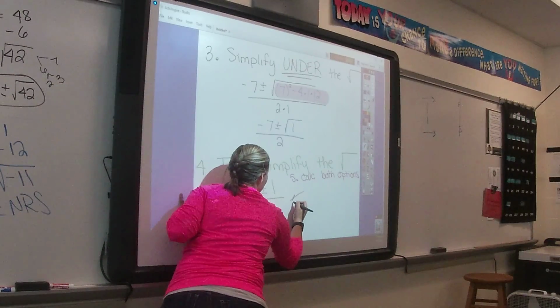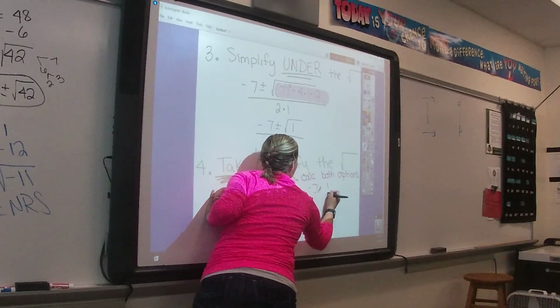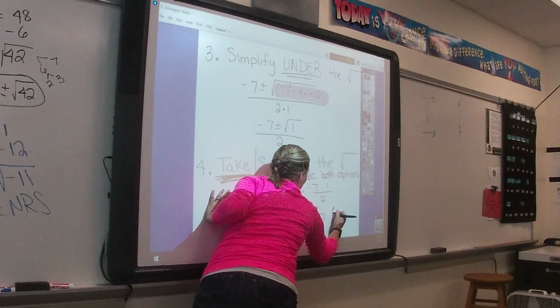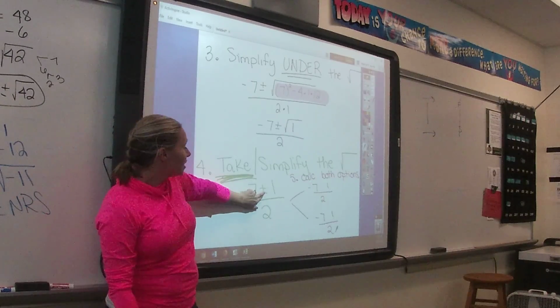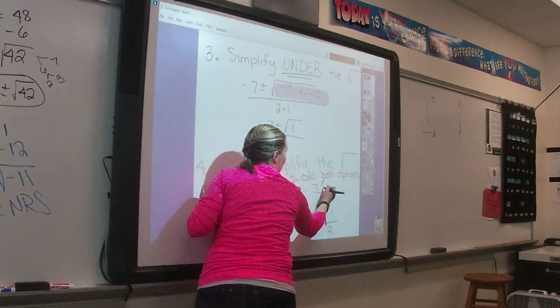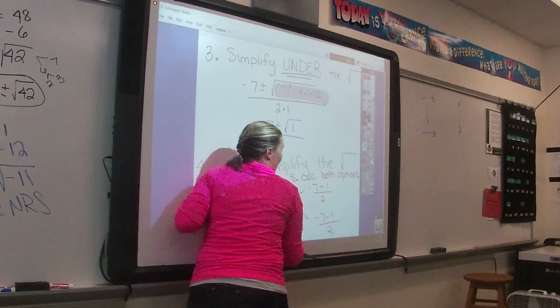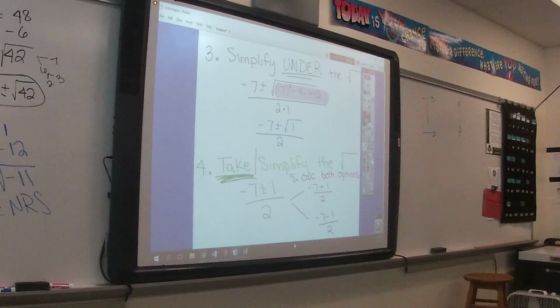Option 1 looks exactly the same as option 2, except where this plus or minus sign was, one of those situations gets addition and one of those situations gets subtraction. I'm splitting that sign into 2 separate places.